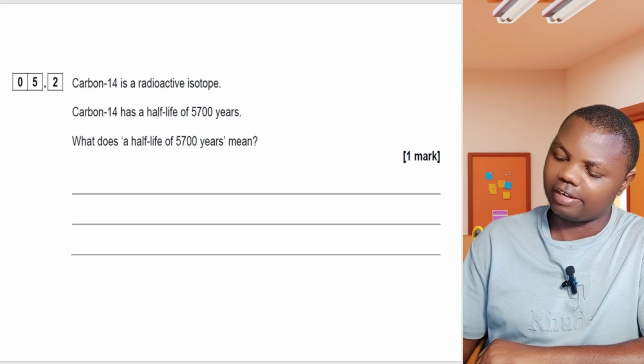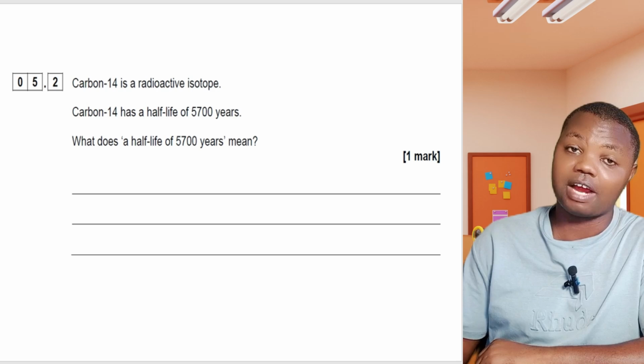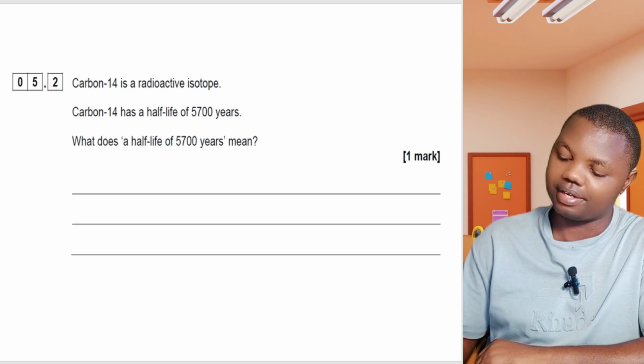Carbon-14 has a half-life of 5,700 years. So what does a half-life of 5,700 years mean?